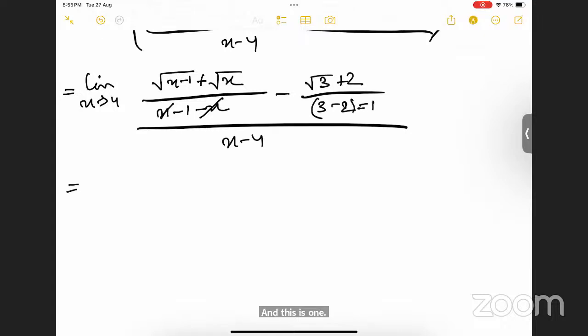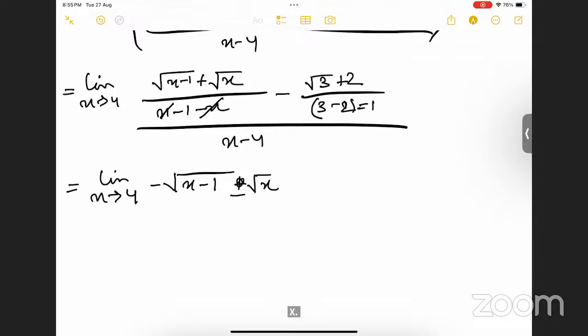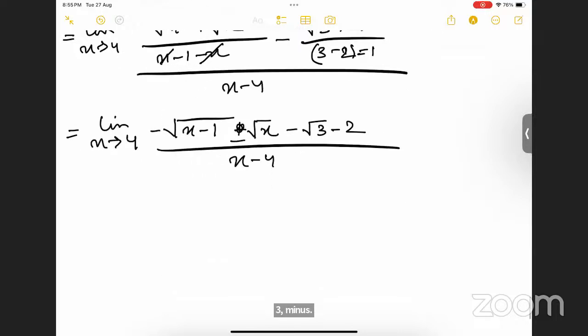So we'll have the limit as x tends to 4 of root of (x minus 1) plus root of (x minus 1) minus, minus root 3 minus 2, over x minus 4.